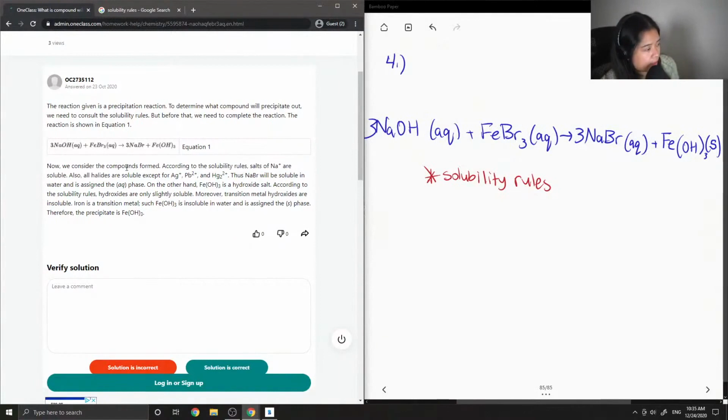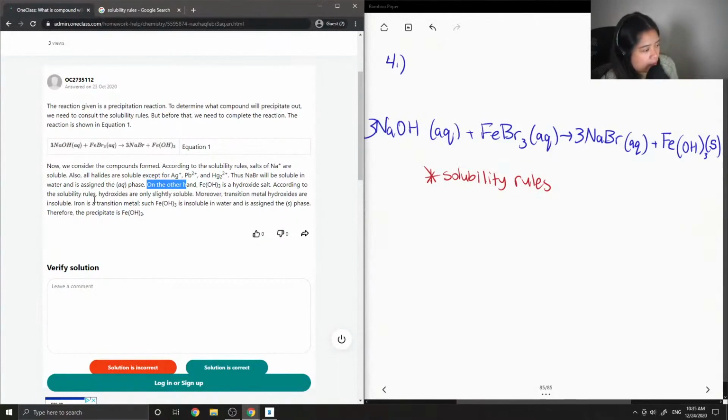Now we consider the compounds formed. According to the solubility rules, salts of Na+ are soluble. Also, all halides are soluble except for silver, lead, and mercury. Thus, sodium bromide will be soluble in water and assigned the aqueous phase. On the other hand, the iron hydroxide is a hydroxide salt.